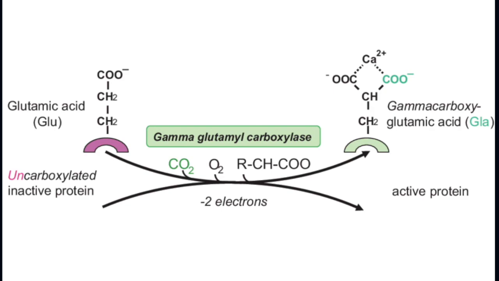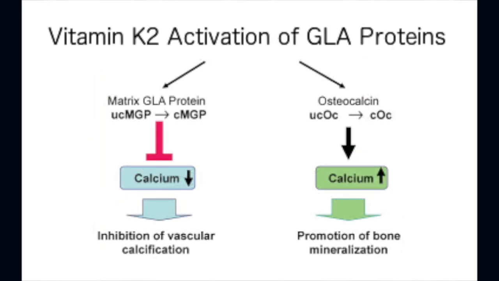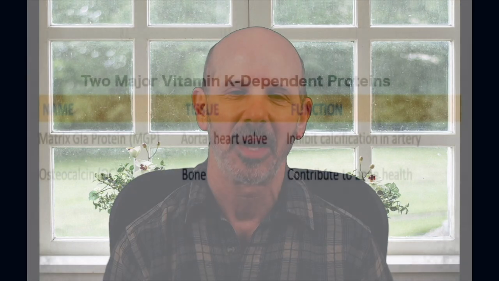These proteins, known as GLA proteins, have the unique ability to bind to calcium, but only when they have been activated by vitamin K. Because these GLA proteins depend on vitamin K for their activation, they are known as vitamin K-dependent proteins.